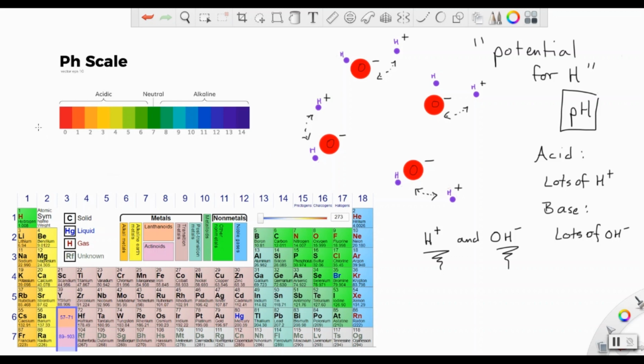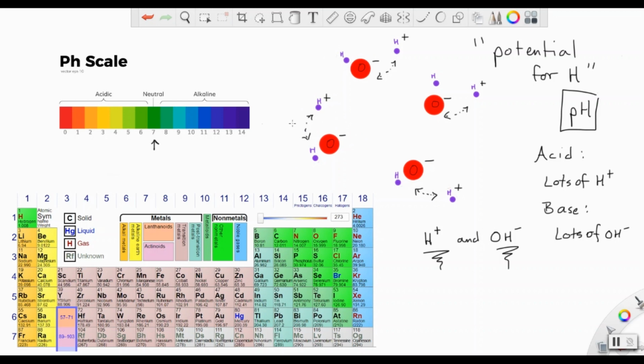It is possible to extend beyond that scale, but typically things will fall within this scale. Water at room temperature is at a pH of 7, which is considered neutral because water has just as many hydroxide ions as it does protons running around, and there aren't very many of them.